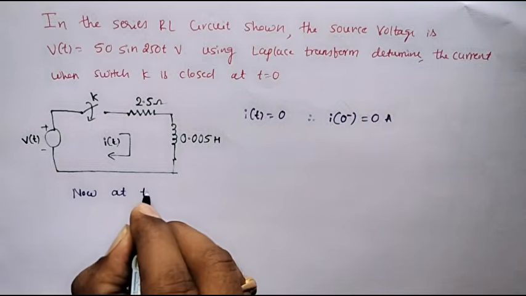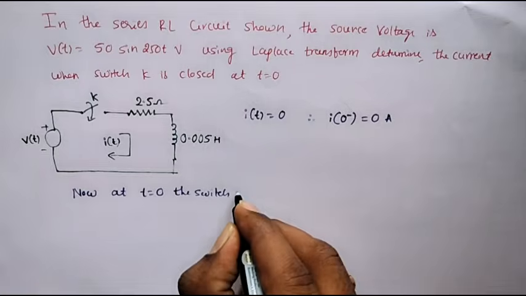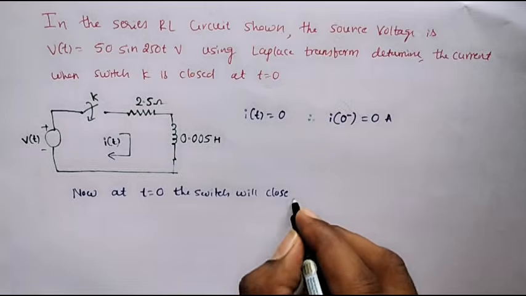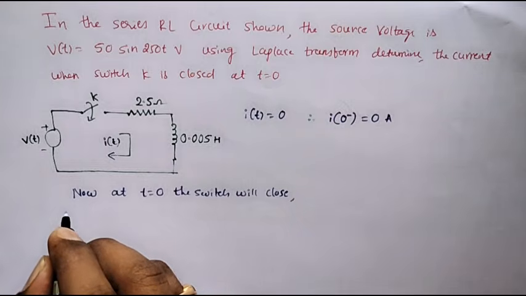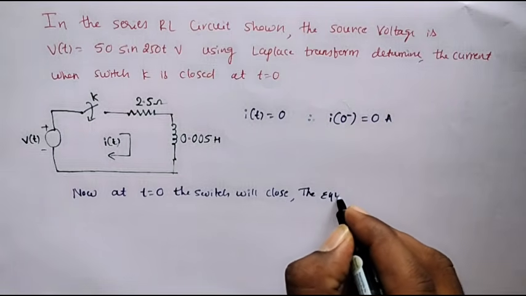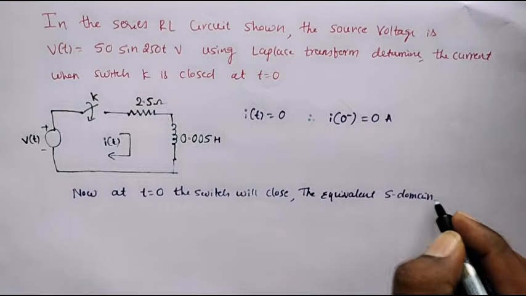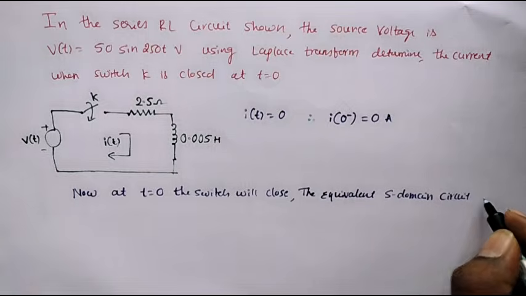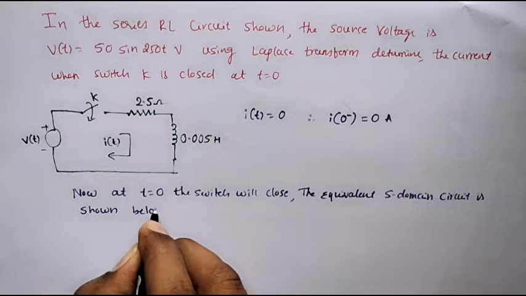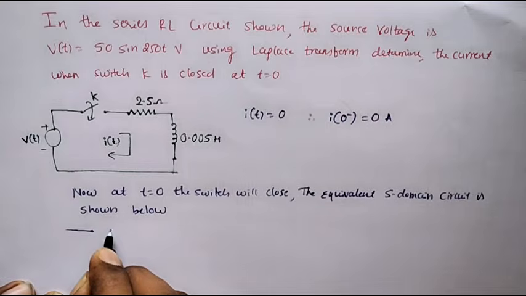At t equal to 0, the switch will close, and the equivalent S domain circuit is shown below. Now the switch is in closed state.